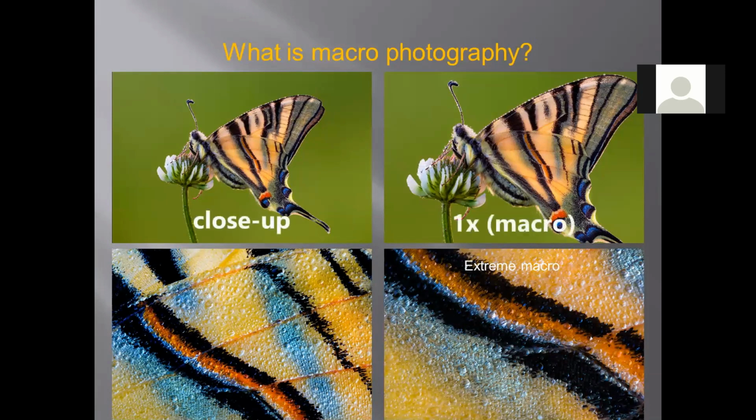As you can see, the close-up on the upper left screen is a butterfly that is more of a close-up. It's not true macro because it's not mathematically at a 1:1 reproduction ratio. And on the right, you see a true macro 1:1 reproduction ratio.